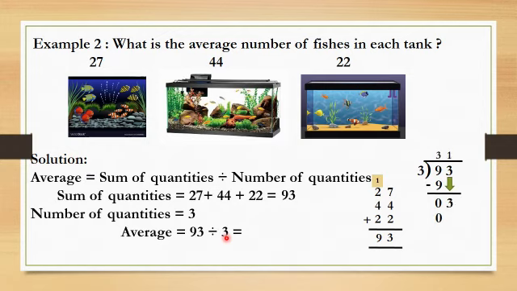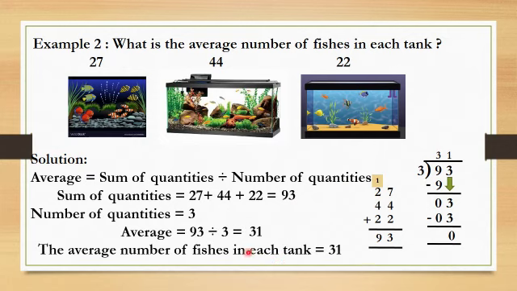Now 3 divided by 3 is 1 time. 3 ones are 3. Subtract. 3 minus 3 is 0. The answer is 31 here. The quotient is 31. So the average is 31. Now the answer statement: the average number of fishes in each tank is equal to 31.